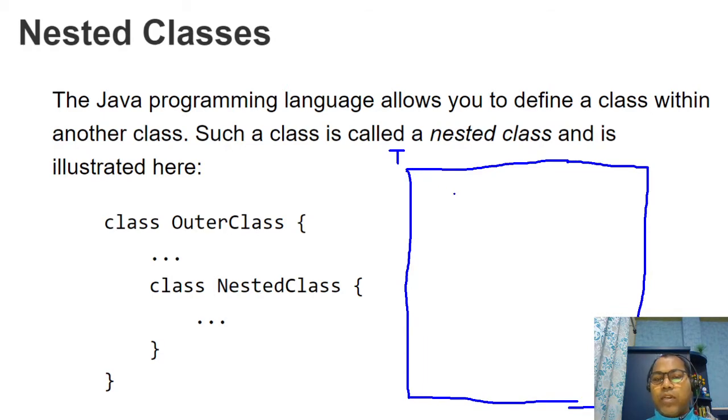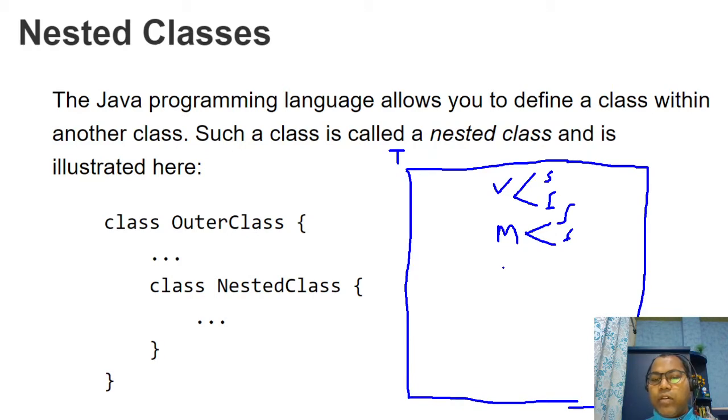A top level class can define variables, which can be static or instance variables, and similarly, you can define methods, which can be static or instance methods.